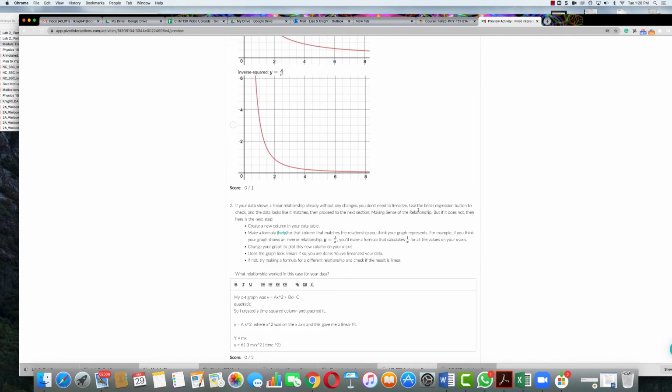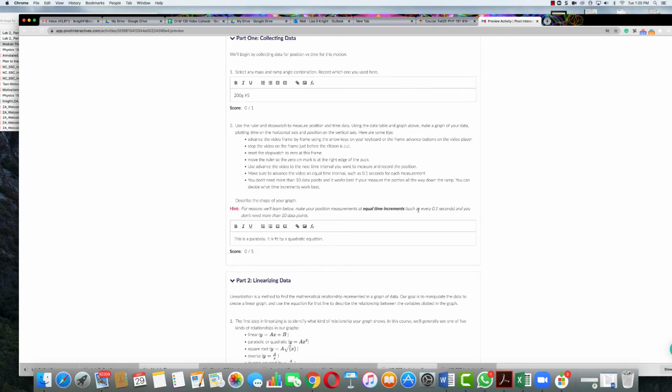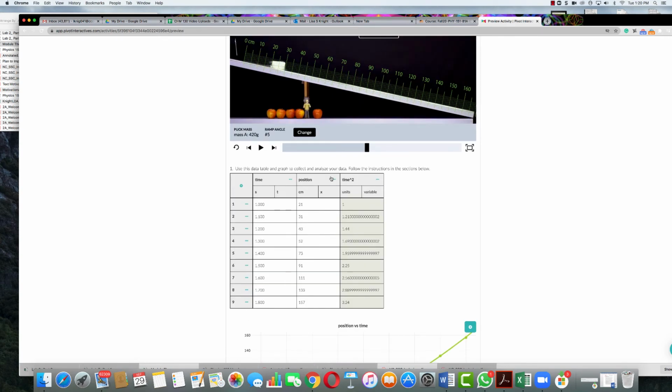And so what they want you to do is they go through the steps of telling you how to create a new column. So to create a new column, you just click on the 3 dots and you say insert column to the right. And then the new column that you're going to want is not time on the x-axis. You want to have time squared on the x-axis.